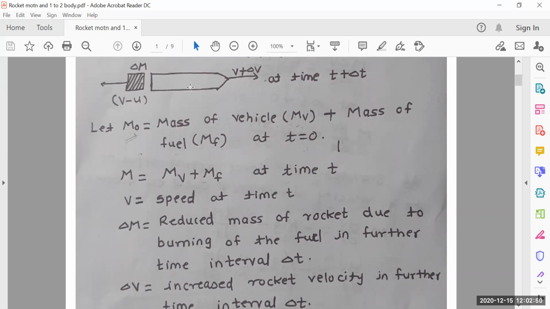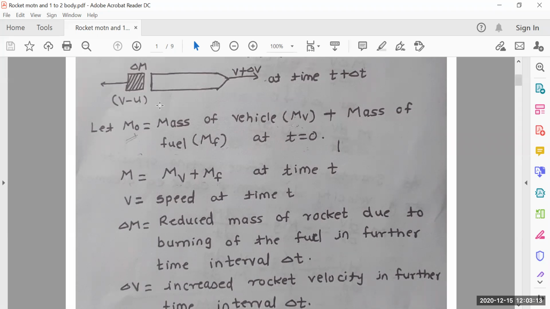So at t plus delta t time, the velocity of the rocket is going to be increased by amount delta v. So now velocity becomes v plus delta v. So delta m इतना fuel burn होने के बाद जो push मिलेगा rocket को, वो कितना होगा? So that much velocity is increased. Delta v is the increased velocity at t plus delta t.